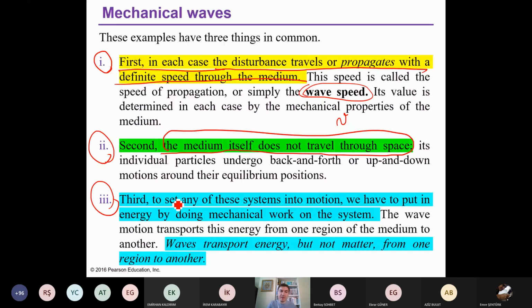So the last property of mechanical waves: to set any of these systems into motion, we have to put in energy by doing mechanical work on the system. So if you would like to produce a transverse wave here, you have to apply force and you have to put energy into the system, okay?